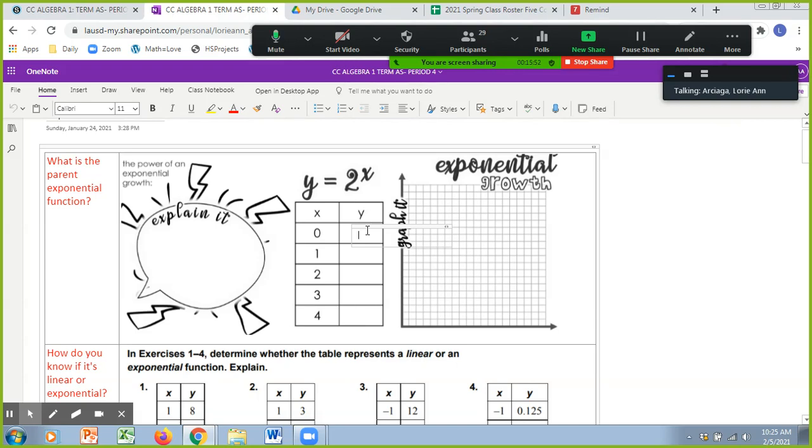Okay, with or without your calculator, what is the value of y when x is 0? Maybe I need to write on the side so you guys can visualize that as well. So the function is y equals 2 to the x. And the first value we're substituting is 2 to the 0. Can you tell me what 2 to the 0 is in the chat pod?